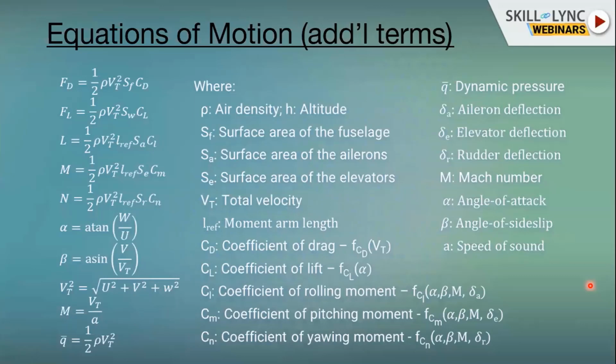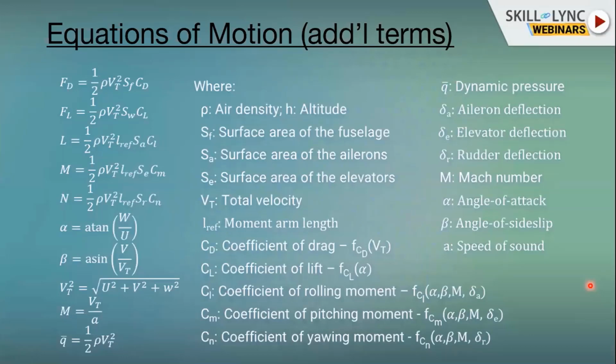I have a slide to talk about the aerodynamic coefficients CD, CL, and lowercase Cl, Cm, Cn. We're talking about FD and FL, the drag force and lifting force, and L, M, and N, those are the moments. So these five forces and moments have corresponding aerodynamic coefficients. It's worth a slide to talk about where people get those coefficients from.